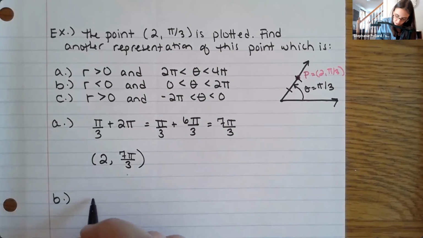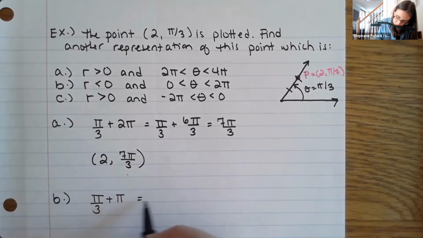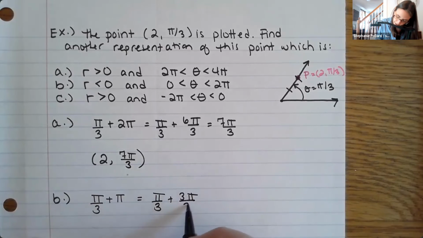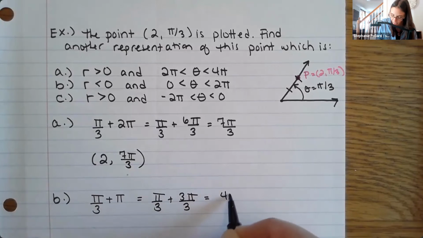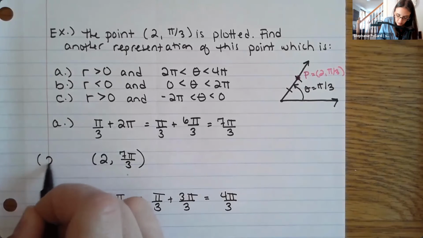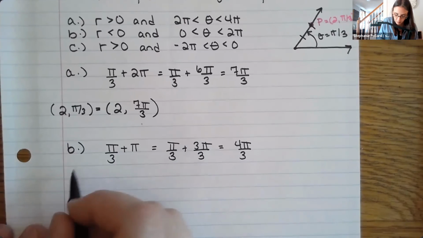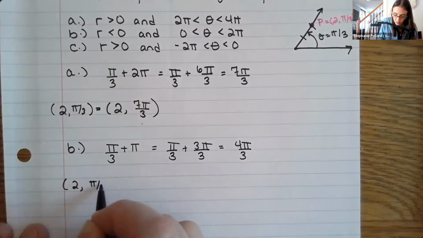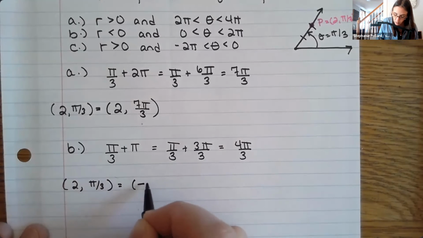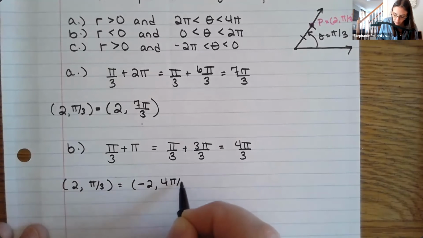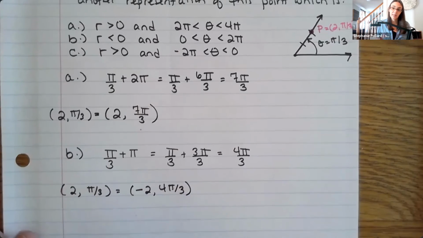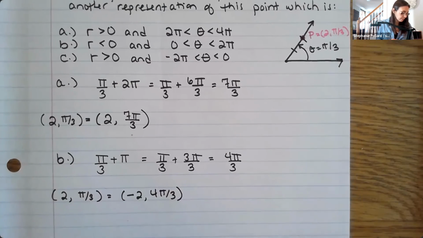So let me do that first. So I have pi over 3. I'm going to add pi. So that becomes 3 pi over 3 to get common denominators, so 4 pi over 3. So what happens here is that point 2 comma pi over 3 becomes negative 2 comma 4 pi over 3. It's going to be the same exact point once all is said and done.